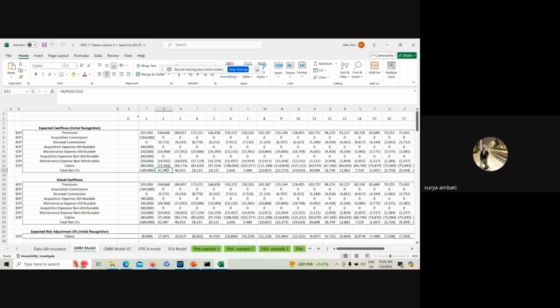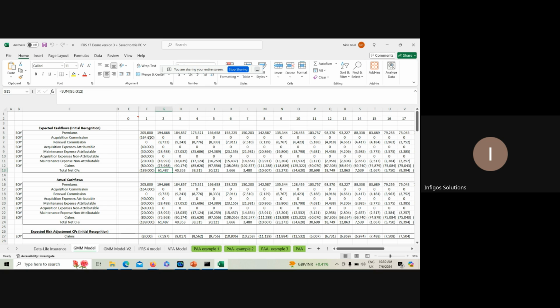Nitin, can you please clarify one point. This is the current premium 25000 that I can see in the positive, but total net CFs I see in a negative because acquisition commission and all are coming. How can I interpret this total and net CFs?